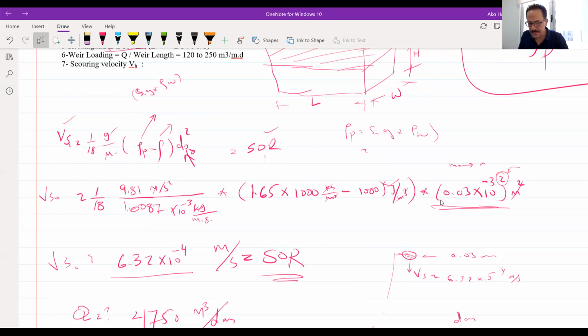So it's 0.03 square times 1000 times 0.65 times 9.81 divided by 18 divided by 1.0087.